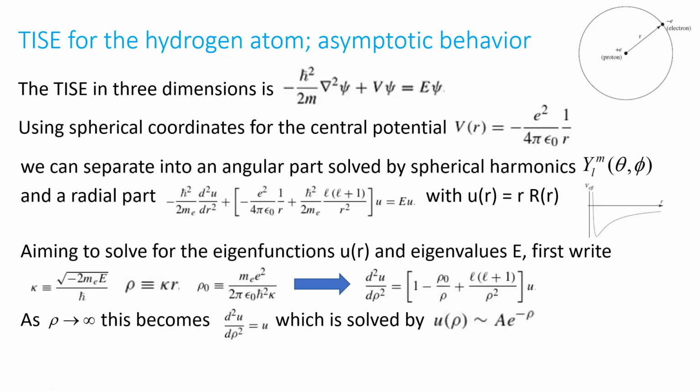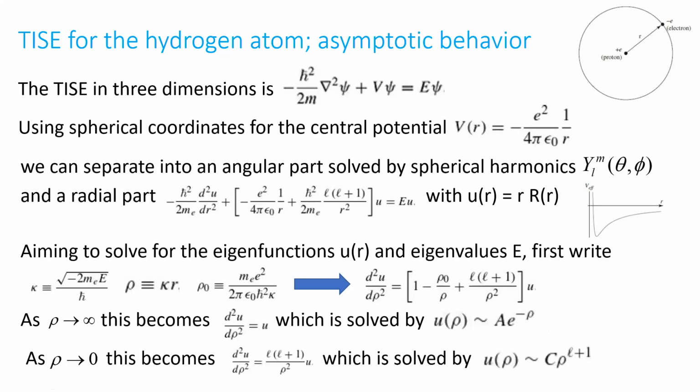The other limit we can look at is not big rho or big r, but little r, so getting close to the origin. So as rho goes to 0, since rho is in the denominator here, this term would get pretty big because rho is getting small, but this term would get even bigger because it has rho squared. As rho goes to 0, 1 over rho squared dominates 1 over rho. So we just get this term L times L plus 1 over rho squared. So our equation becomes, the second derivative is L times L plus 1 over rho squared times u as rho goes to 0.